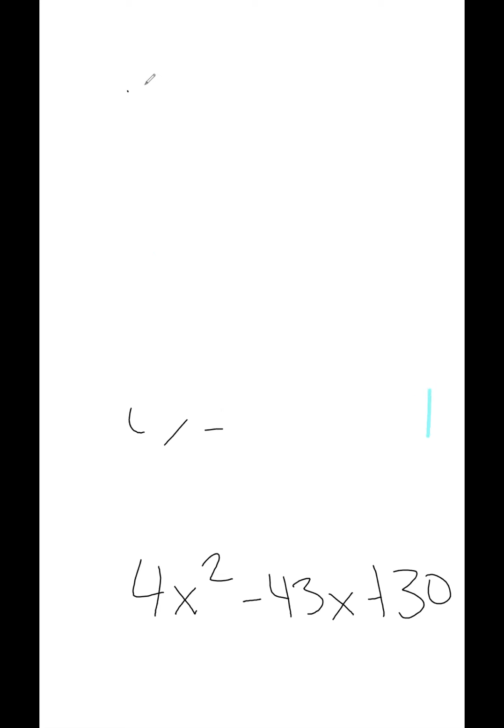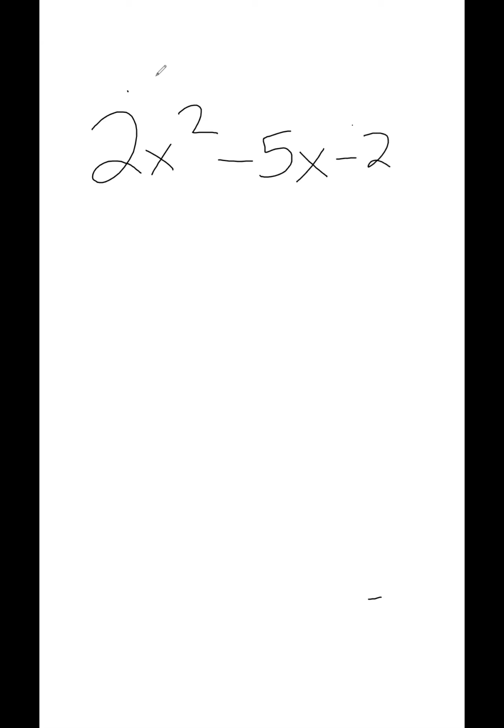All right, I'm going to do one more example for the factoring, just because I think people need 3. So I'm going to do one more factoring example. 2x squared minus 5x minus 12. So we have a times c is negative 24.